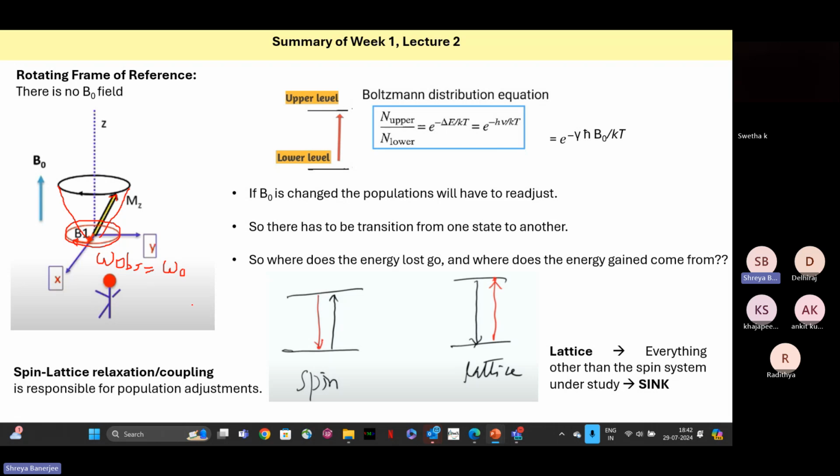Then to the observer, there is no motion of the angular momentum vector. So if the angular momentum vector does not move, the external magnetic field must be 0. And this is the case only in the rotating frame of reference.